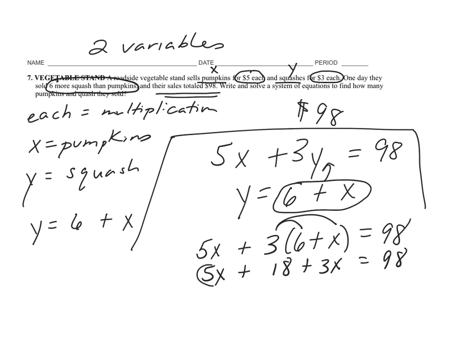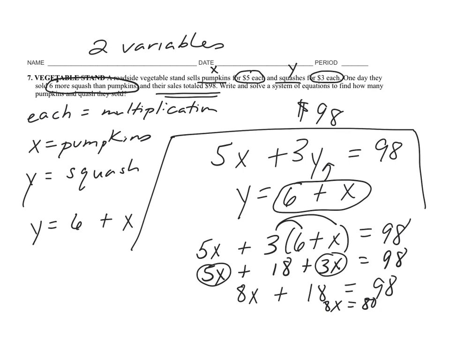Yeah, 5x and 3x makes 8x. Would I subtract 18 from 98? So I get 8x equals 80.